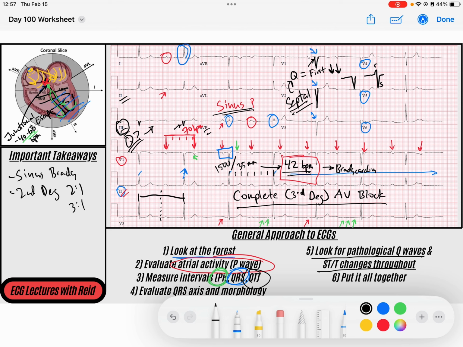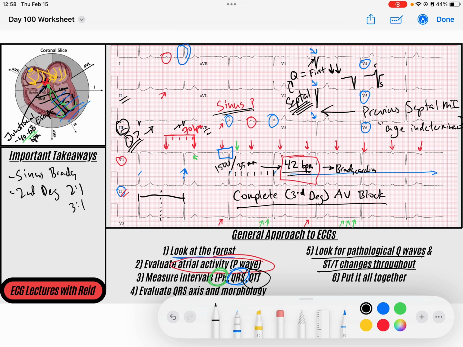But we have septal pathological Q waves that indicate that maybe this person had a previous septal MI, right? Age, we could say age indeterminate. And what that means is that it could have happened last week, could have happened last month, we don't know.